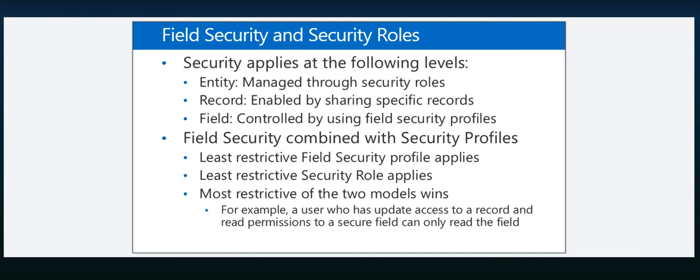So if you have a combination of field security profiles and security roles, then the least restrictive field security profile applies, and the least restrictive security role applies. And the most restrictive of the two models wins. All right.